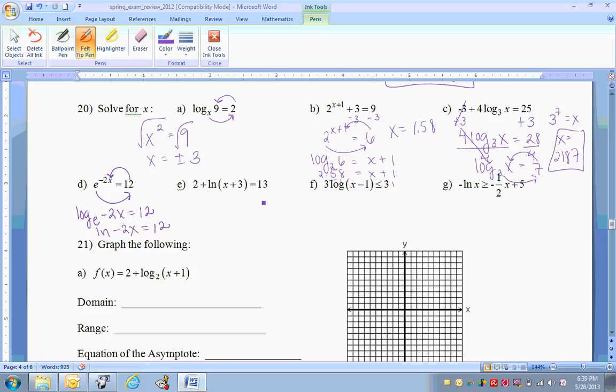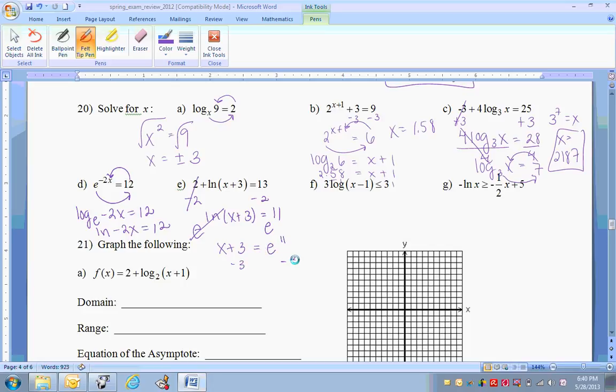Okay, and then for this one, we're going to subtract 2 from both sides. And you end up with ln of x plus 3 equals 11. Then we're going to go ahead and raise both sides to e. And that cancels the e and the ln, and you're left with x plus 3 on this side equals e to the 11th.